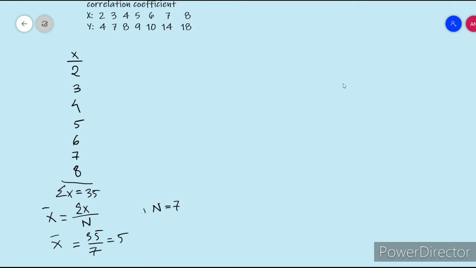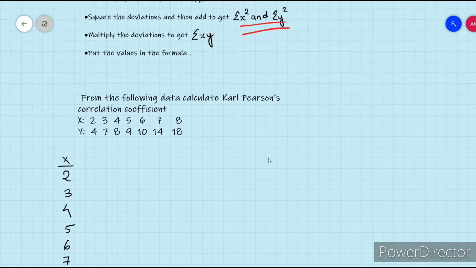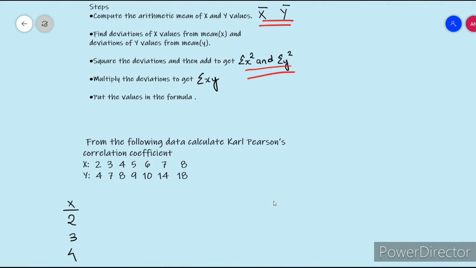Now the next step, let us first do it for the x series, is to find the deviations of x values from the mean. So we have to find the value of small x, which is the deviation of the x values from the mean, and your mean value here is equal to 5.